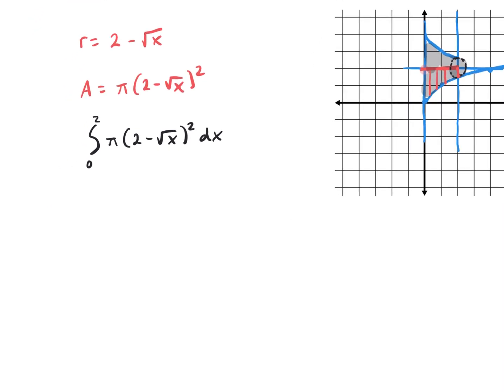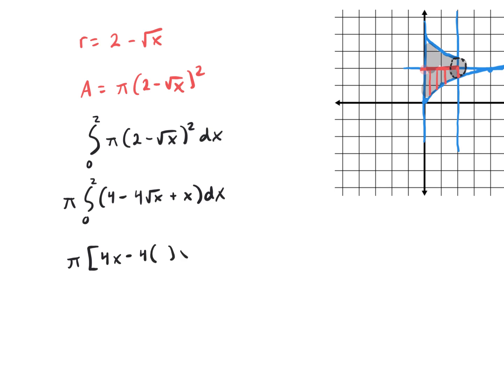So to evaluate this, I am going to pull out the pi, and I am actually going to expand this binomial, so it becomes 4 minus 4 root x, and then plus x dx, and then it's much easier to find those individual antiderivatives. So we have pi times 4x minus, here we'll keep this constant.